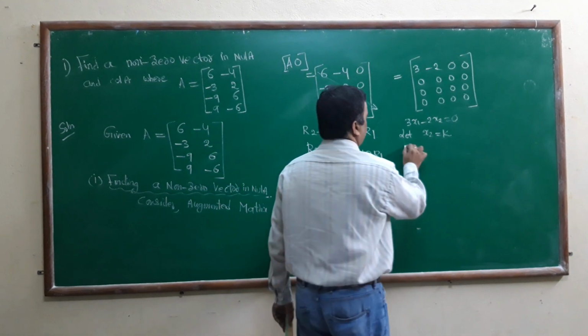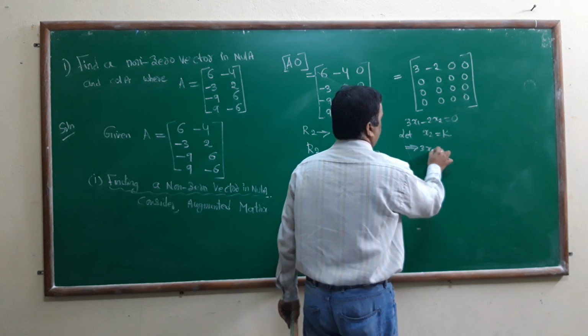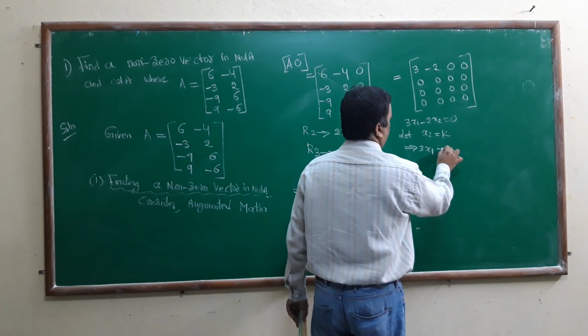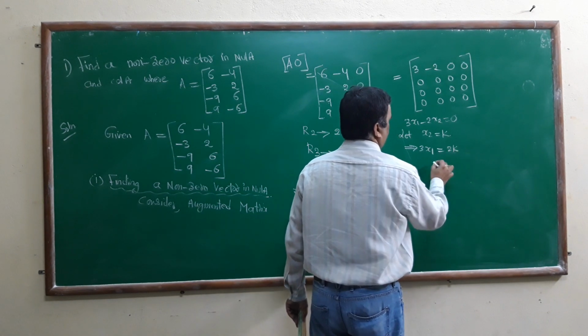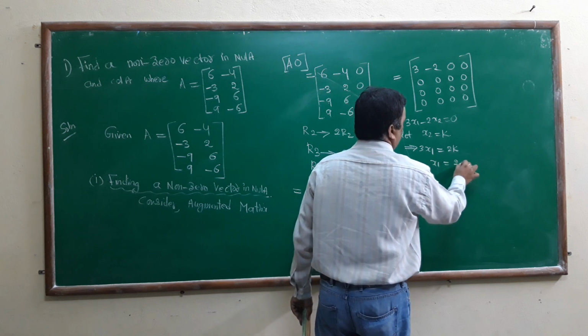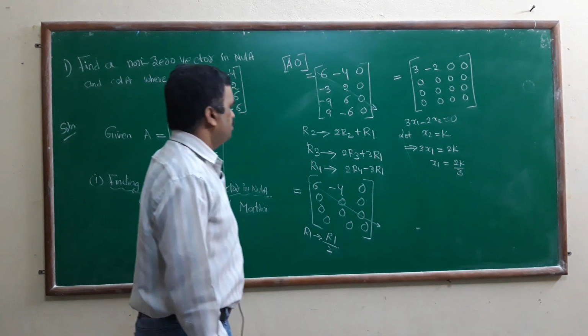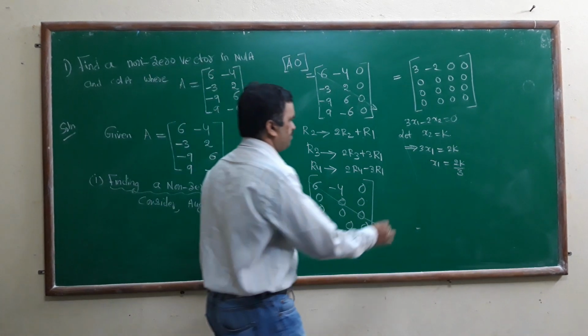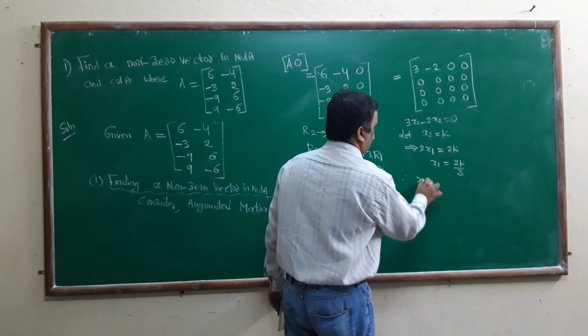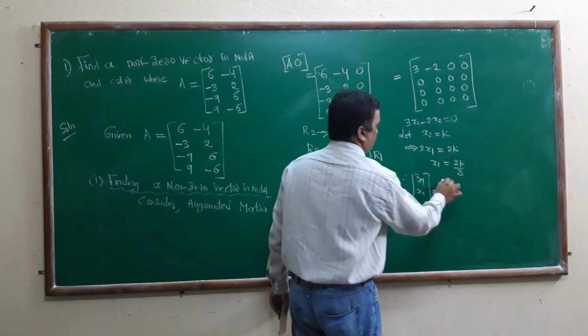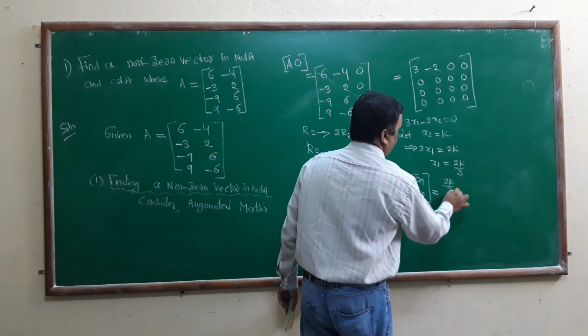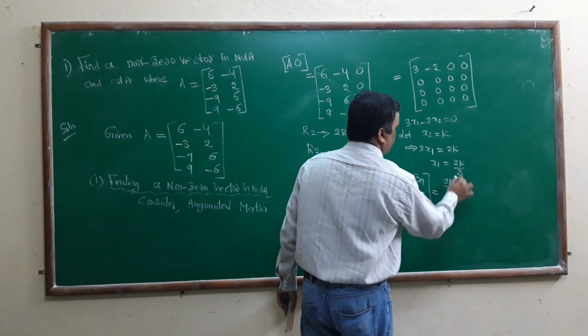So 3x1 equals 2k, and x1 equals 2k by 3. Therefore the vector (x1, x2) equals (2k by 3, k).